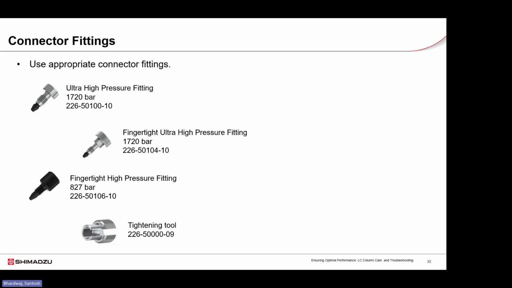Our finger tight high pressure fitting has a pressure rating of 827 bar, suitable for HPLC applications. A tightening tool is also available to help properly tighten the finger tight high back pressure fitting. So always ensure you are using fittings with the appropriate pressure rating for your application.